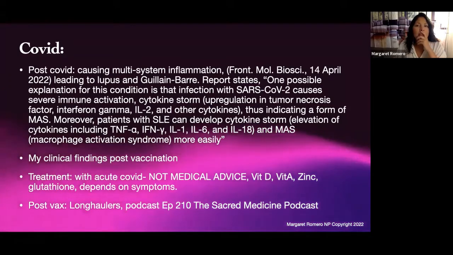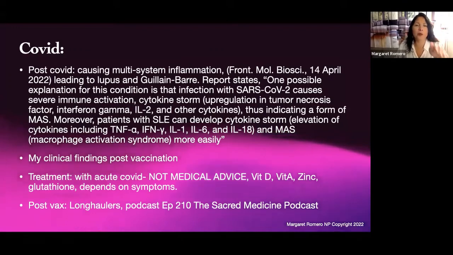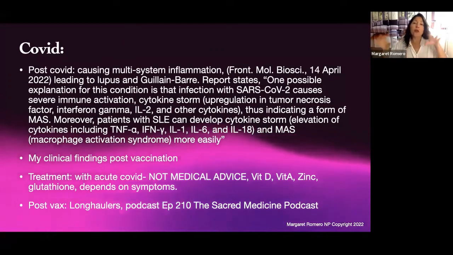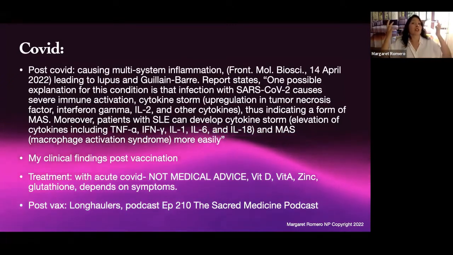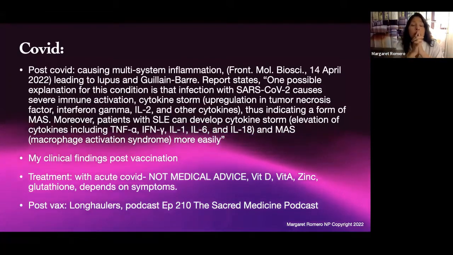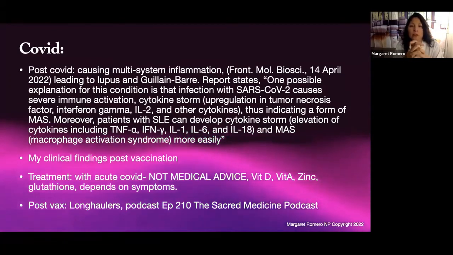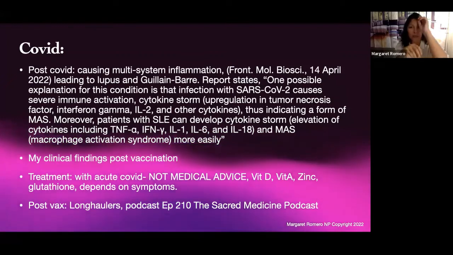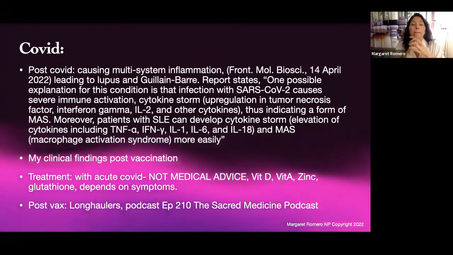So it's saying, and I'm quoting here, severe immune activation, cytokine storms, meaning your body suddenly is up in arms trying to kill COVID. Moreover, patients with SLE, lupus, can develop cytokine storms. And these are all the cytokines, it's causing an elevation, and more easily.